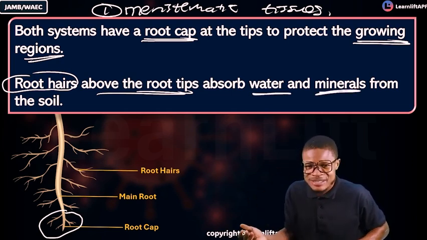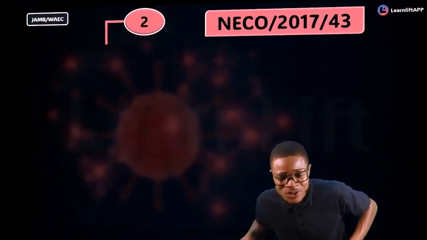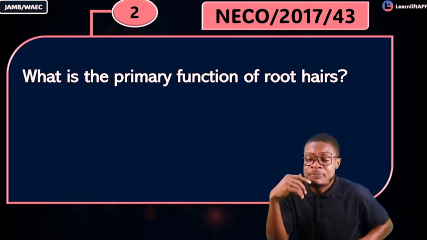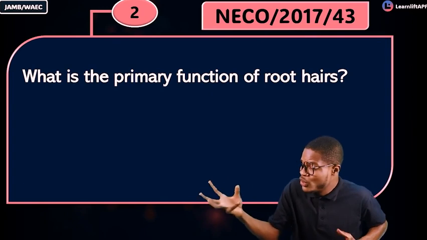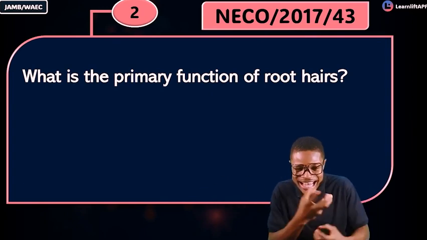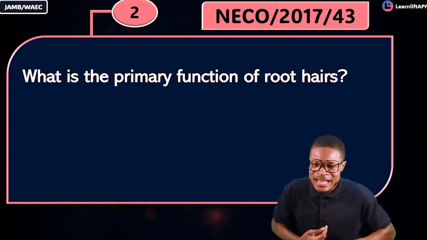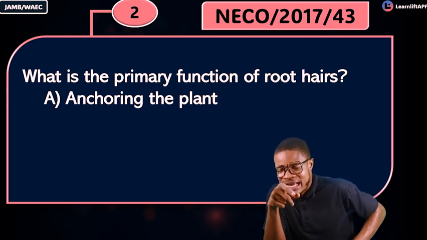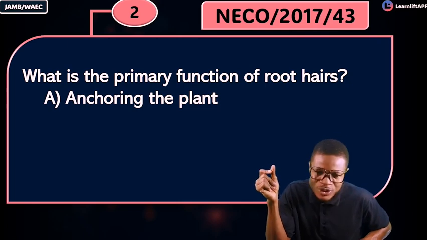If you understand that, no time. Look at this powerful question. NECO 2017 question 43. What is the primary function of root hairs? Option A, anchoring the plants. Can that be the answer? Never. Good, you are doing well.